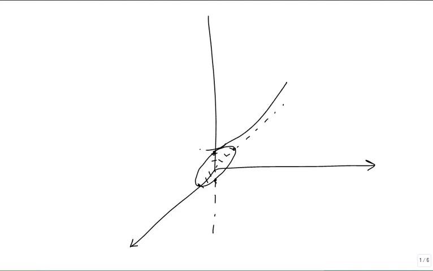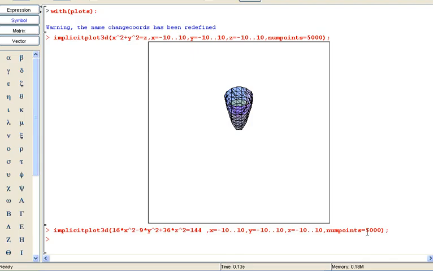Okay, we have ellipses there, we have hyperbolas here, and we have hyperbolas here. So let's go and look at what Maple tells us this looks like.